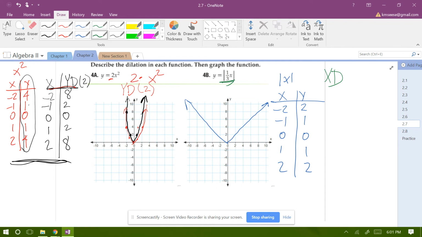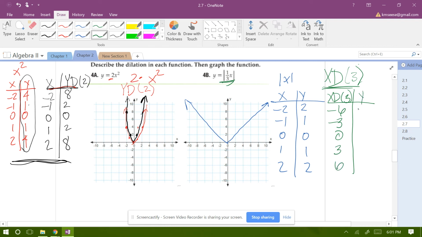So instead of multiplying by 1/3, we are going to multiply by the reciprocal. The reciprocal of 1/3 is 3. And I'm going to do that to my x values here because it is an x. This becomes -6, -3, 0, 3, 6. My y values are actually just going to stay the same. So that becomes -6, 2, -3, 1, 0, 0, 3, 1, and 6, 2.